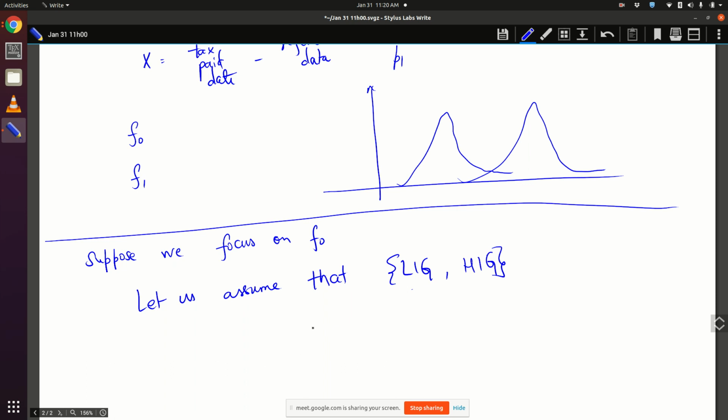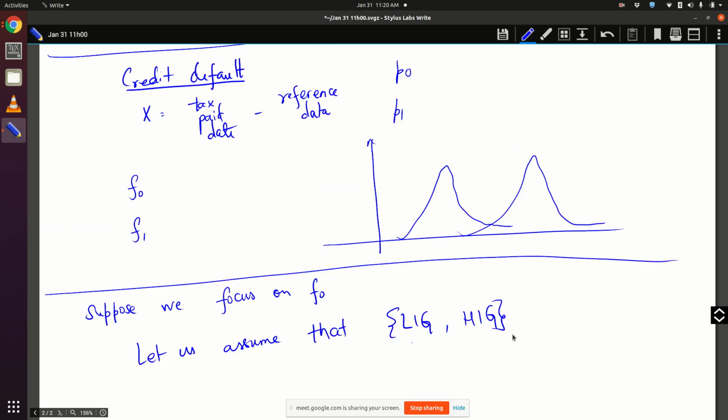We are looking at only those people who are not defaulting. Even those people who don't default can be thought of as coming from the low income group or the high income group, but we don't know the feature. We don't really know whether somebody is in the low income group or the high income group. All we know is that there are people from the low income group and people from the high income group, right?